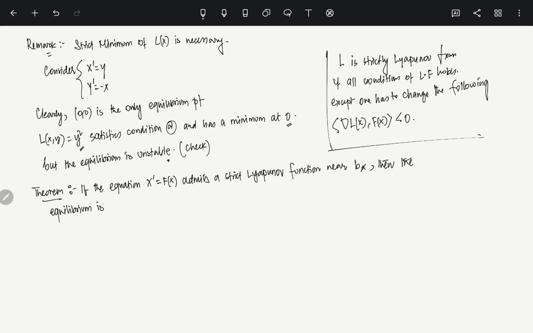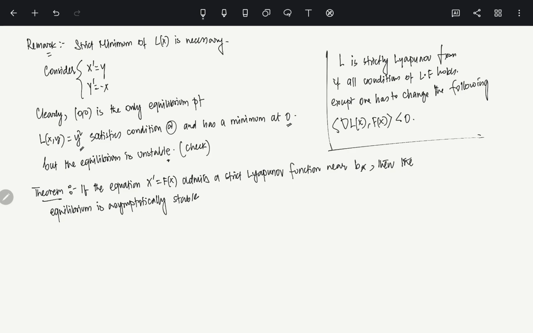Just the existence of a Lyapunov function guarantees that it is stable. The existence of a strict Lyapunov function guarantees that it is asymptotically stable. Okay, so let's look at the proof.